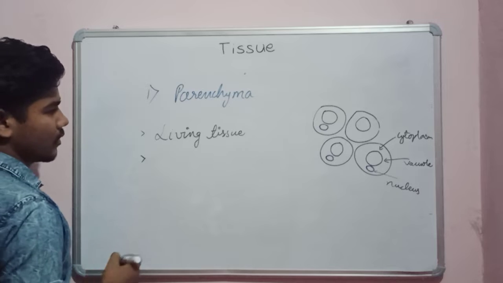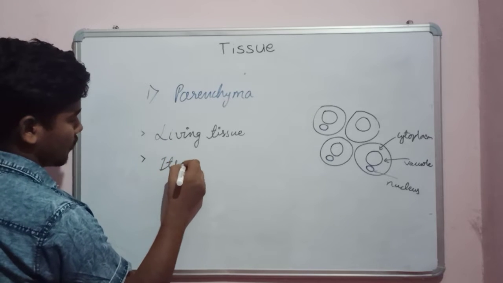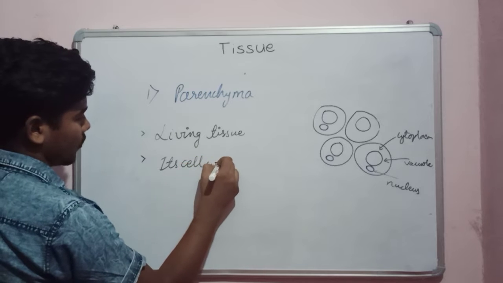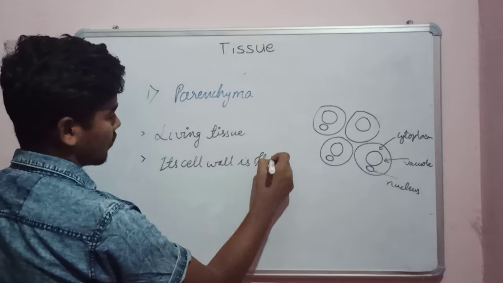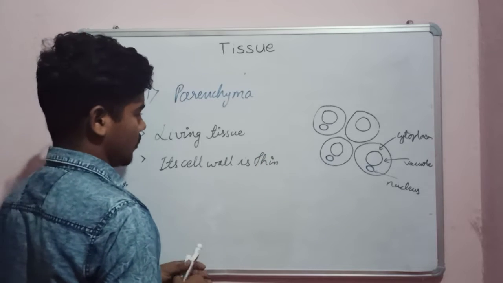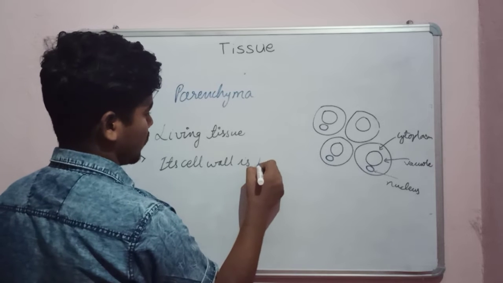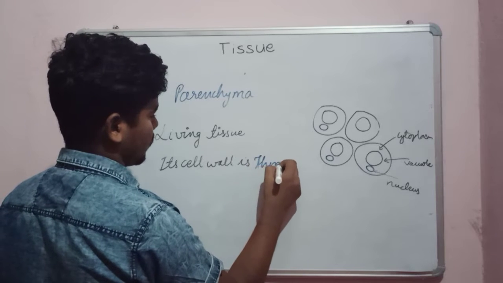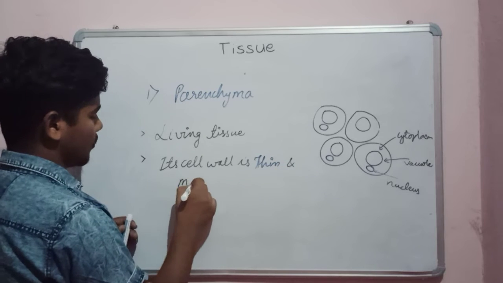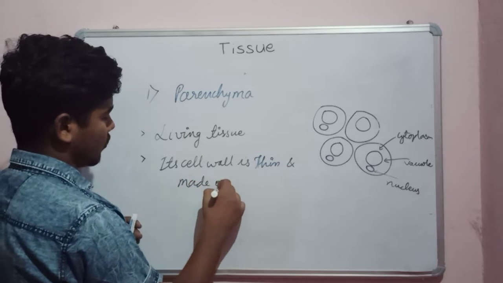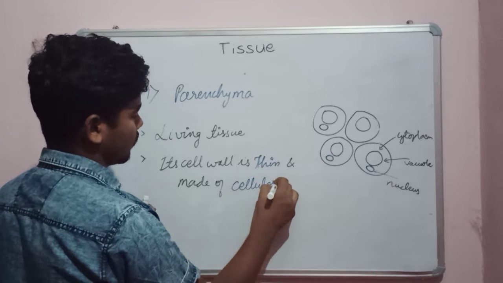Second, we can write its cell wall is thin and made of cellulose.